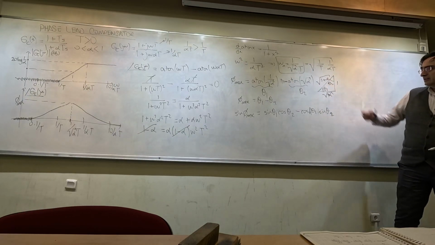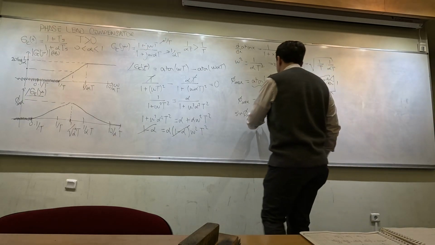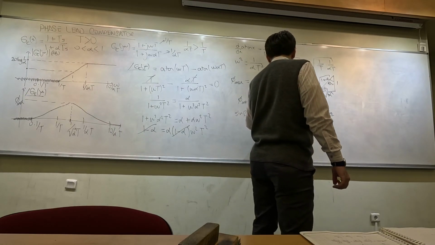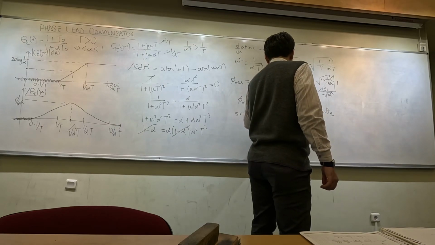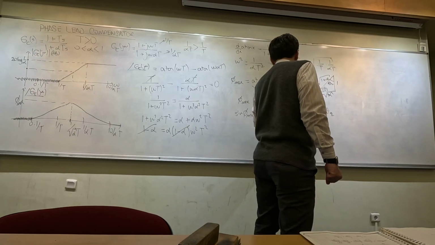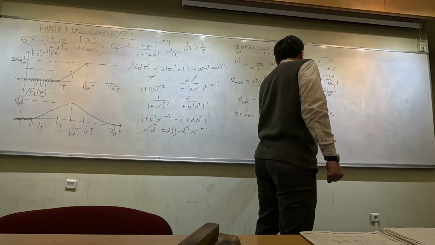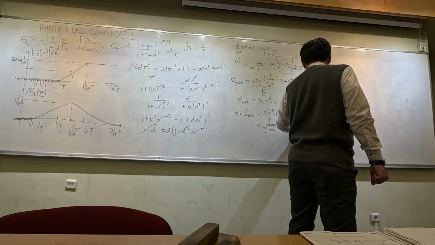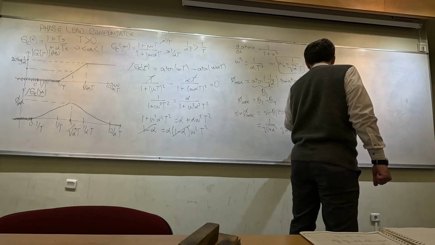Okay? Then I can now look at what the sines and cosines of these angles are. Sine of theta 1 is going to be 1 over square root 1 plus alpha. Cosine theta 2 is 1 over square root 1 plus alpha. Minus cosine theta 1, it is square root alpha divided by square root 1 plus alpha.